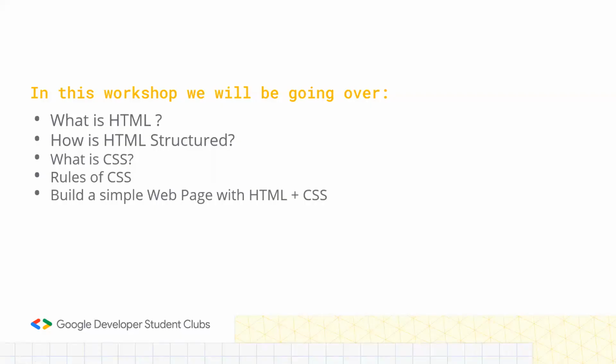We will go over what HTML is, and then we're going to see how HTML is structured, and then we're going to see what CSS is, and then the rules of CSS, and then we're going to build a simple web page with HTML and CSS. To be specific, we're going to build a simple form just to get started with web development, front-end development.